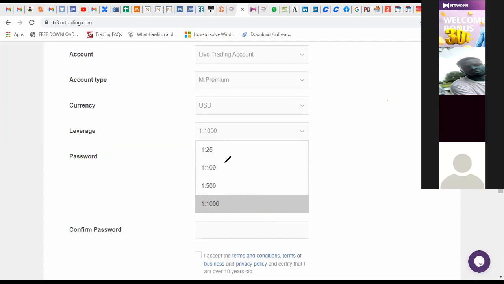But if you're using 1 to 100 or 1 to 500, as the case may be, at some point when you're losing, when you click buy or sell, when you're about entering another position, you hear a sound denying your execution, because you no longer have what they call free margin. You are like on the edge of a cliff.